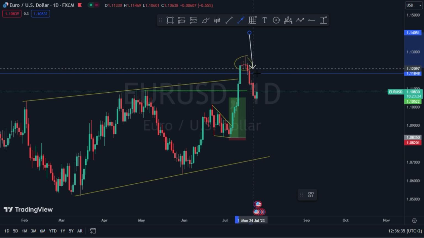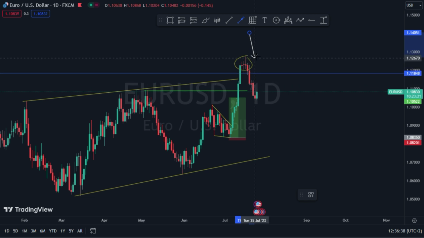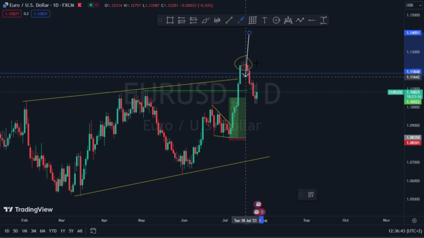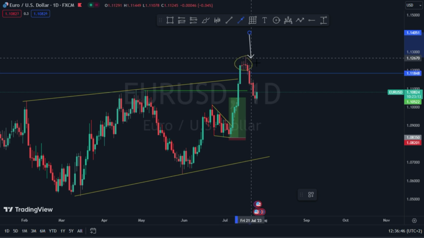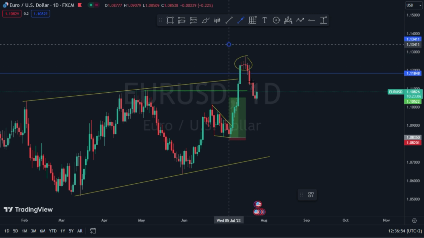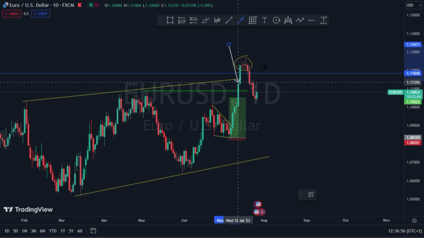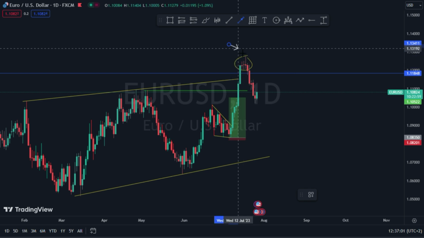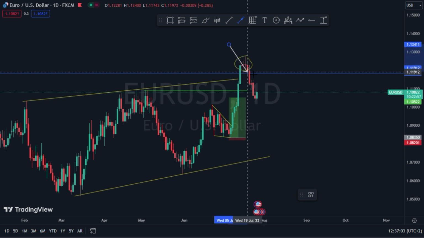So the best way to see what the market is doing is to go onto the higher time frames to see how the candlesticks are behaving. We go onto these higher time frames to spot the candlestick behavior on the edge. If the market has reached the edge of the structure, we check how the candlesticks are behaving on these higher time frames, so that when we go onto the smaller time frames, we know what to look for, right?